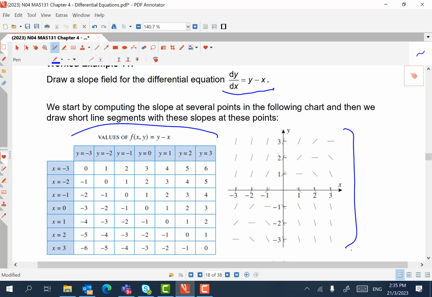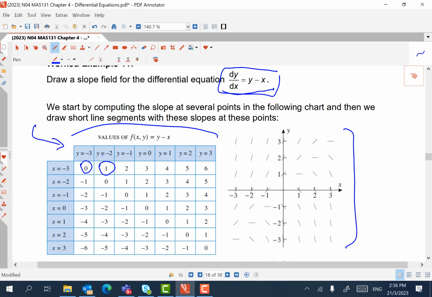Okay. So what this table is trying to do here, this table is trying to construct a table of gradients. If I ask you, why is this number here 0? It's because according to this DE, dy/dx is equals to y minus x. So you take the y value minus the x value. So you get 0. And the next number is 1 because you take the y value of minus 2 minus the x value of minus 3.